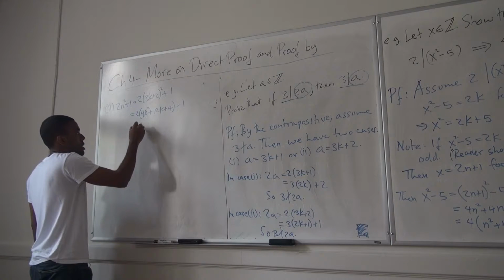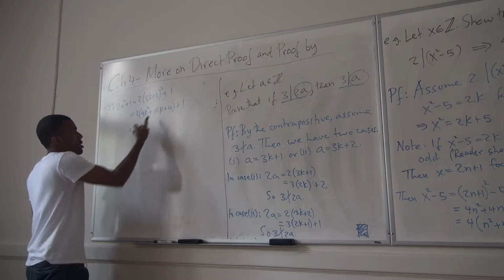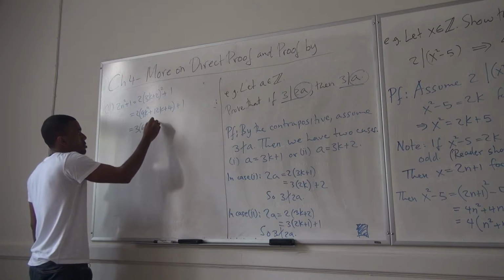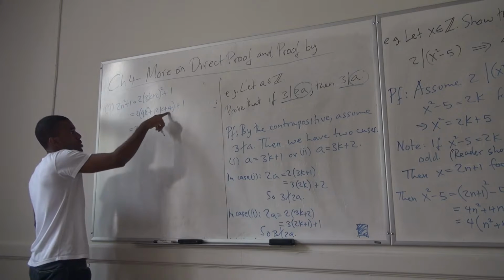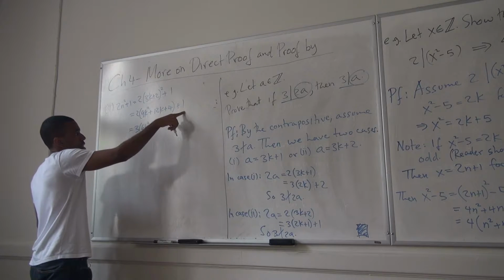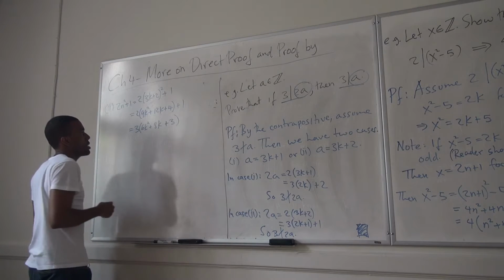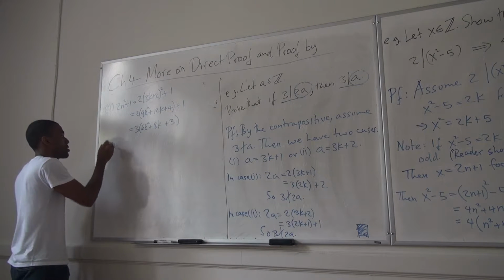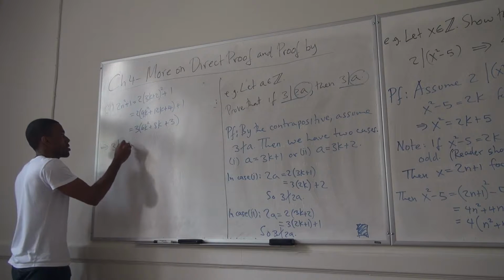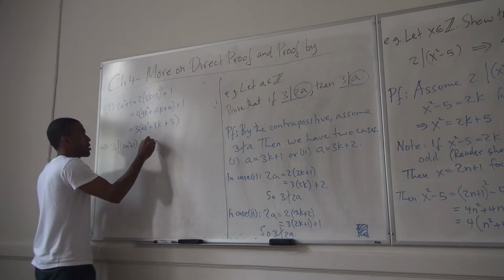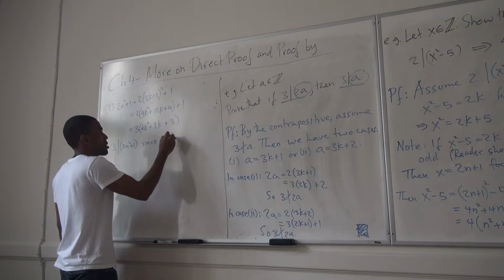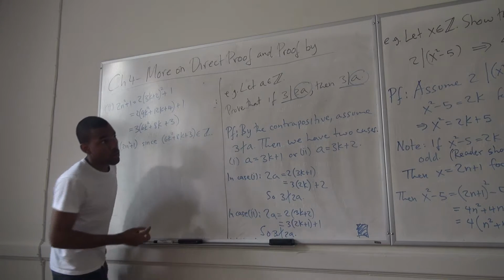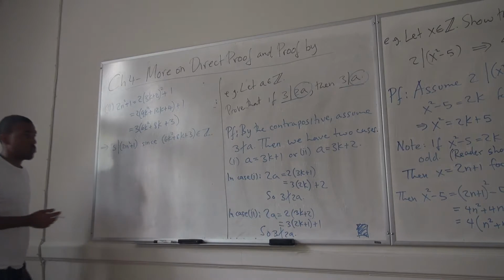This will be 18, so that's 6k squared. I can factor out a 3 from this, and that would be 8. This will be 2 times 4, which is 8 plus 1, which is a 9, which I can factor out a 3 from to get a 3. And that's one direction.